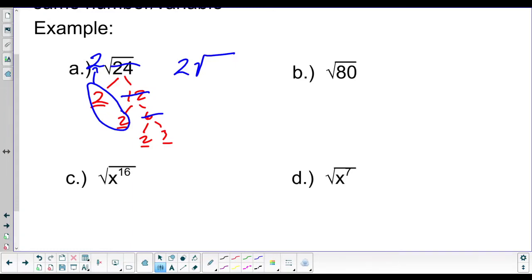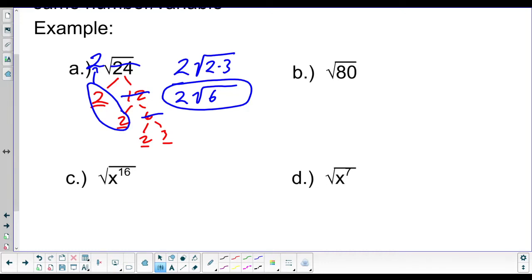I'm not going to homecoming with you." So this 2 and 3 couldn't get a date because they don't play the right video games. So they had to stay at home inside the radical. So we have a 2 inside the radical, we have a 3 inside the radical, and we multiply them back together. So the 2 stays out there, and then 2 times 3 is 6. So radical 24 simplifies to 2 radical 6.